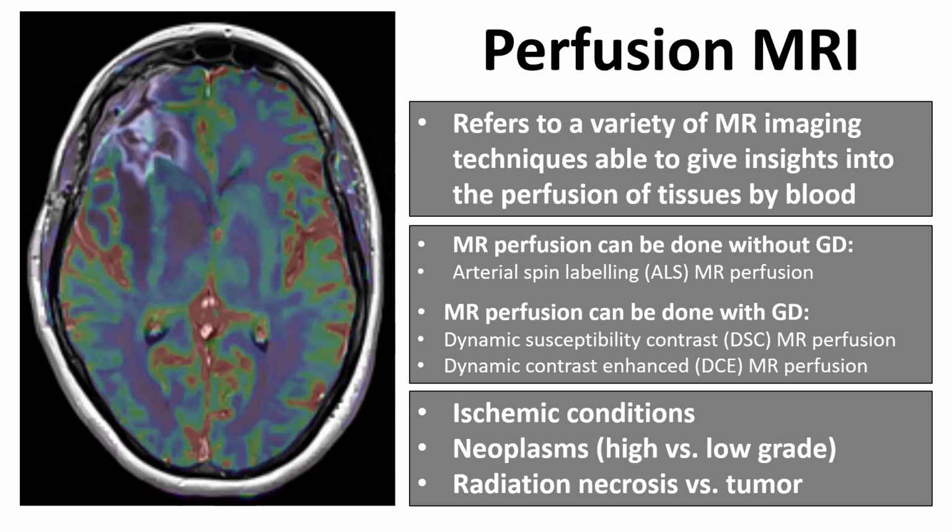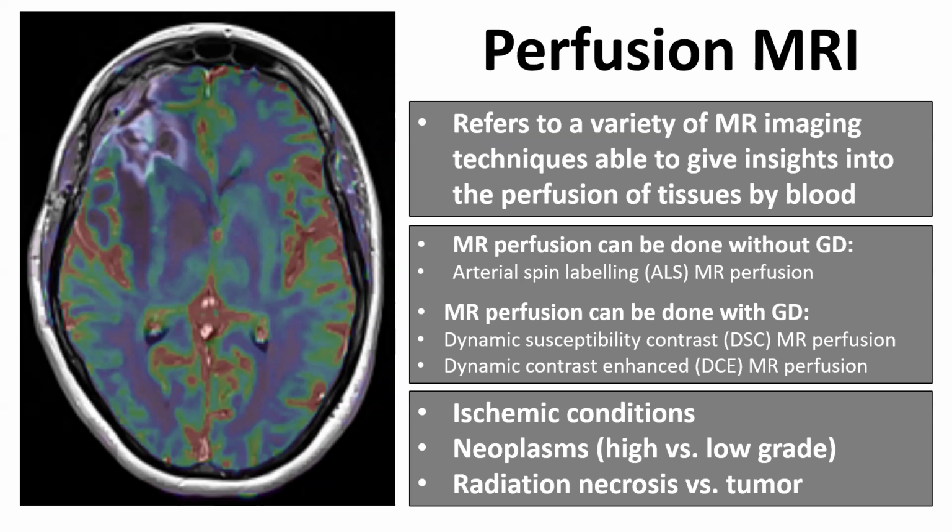And then there are two techniques, the dynamic susceptibility contrast enhanced technique and the dynamic contrast enhanced technique. In our center, we only do dynamic susceptibility contrast MRI perfusion. So the images I'm going to show you are dynamic susceptibility contrast images.